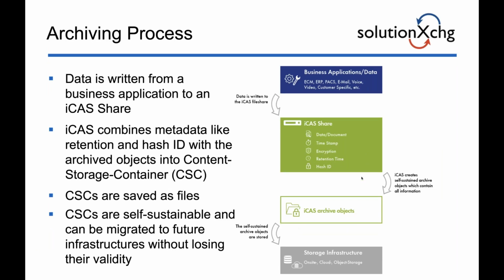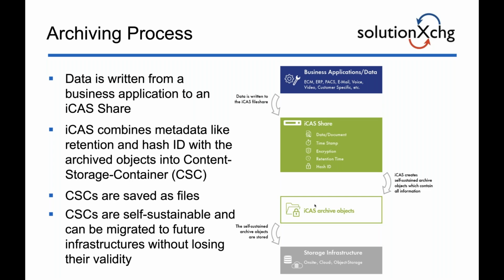When we look at the archive process in a little bit more detail, again, through this virtual file system interface between the business application layer and iTernity, the data is written from that application to this file share, and then the iTernity services, depending on how that share is configured, create the retention date, encrypt the file, hash that file, and store that, or create a CSC container, and that CSC container is then moved to the storage layer.